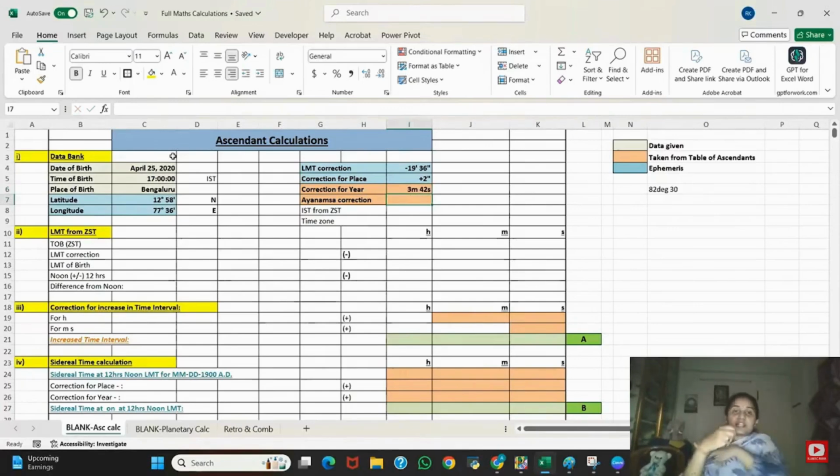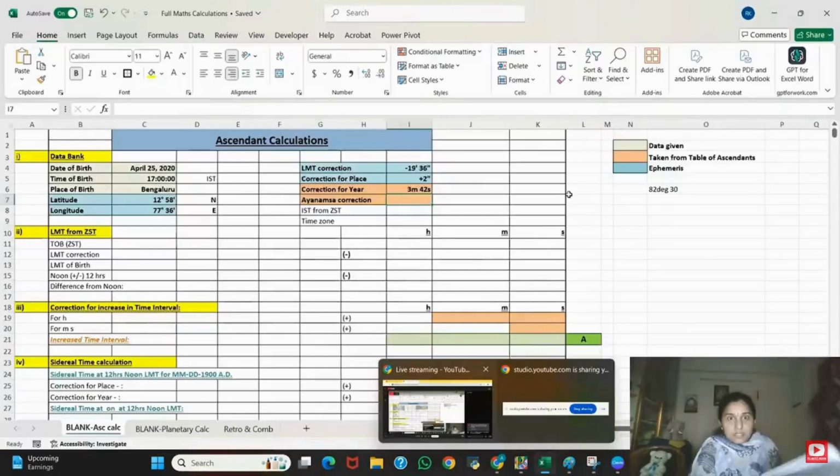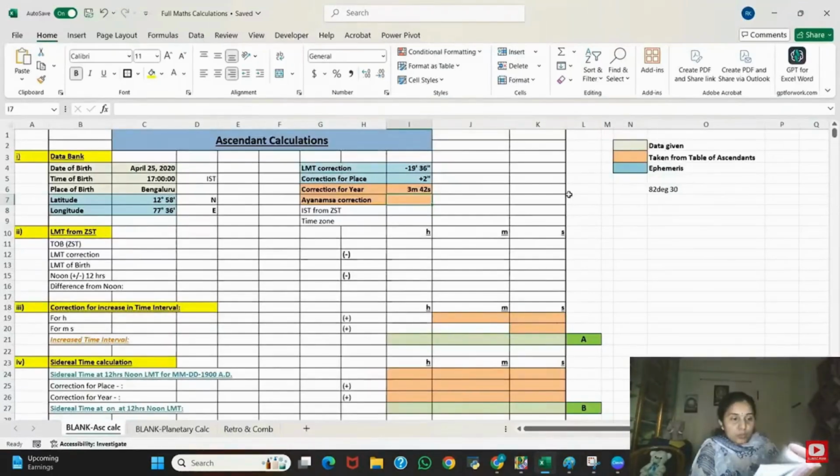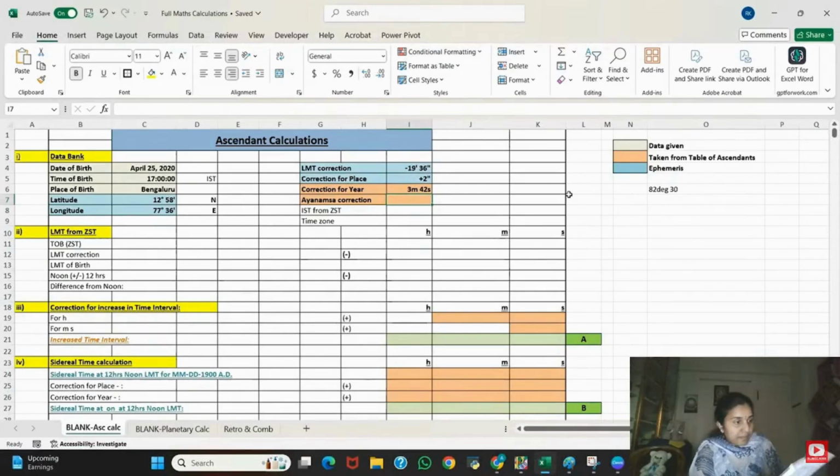Then Ayanamsha correction we have to note from the same book, and that comes on page number 6. Actually, we have a table by the name Ayanamsha correction itself. Here, if you can see, it is 2020.